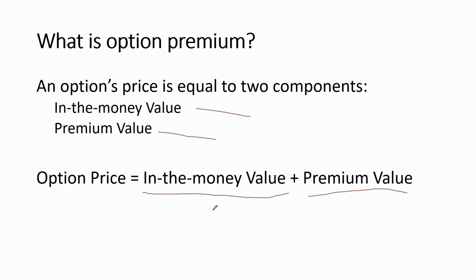If it's not in the money, then this component is 0. If it's out of the money or at the money, it's 0, and then the option price is equal to the premium value. But there are these two different components in every option price, and they behave differently.